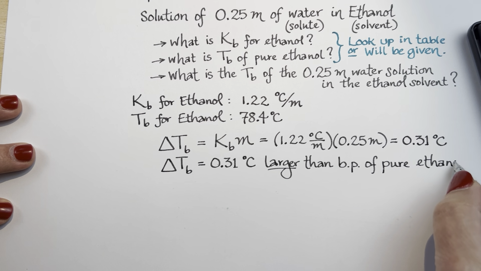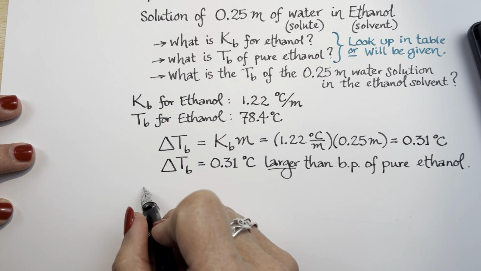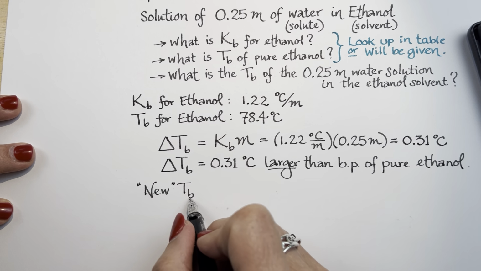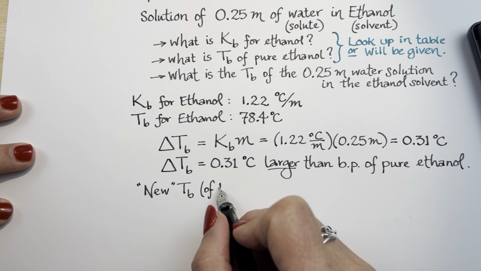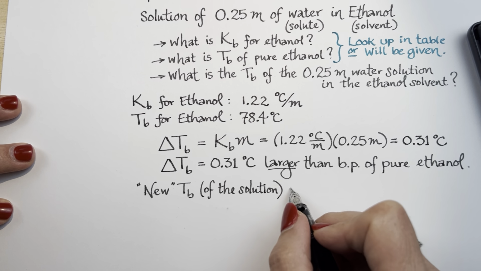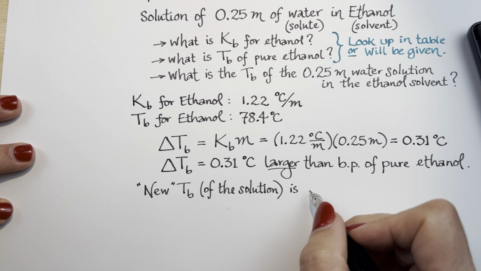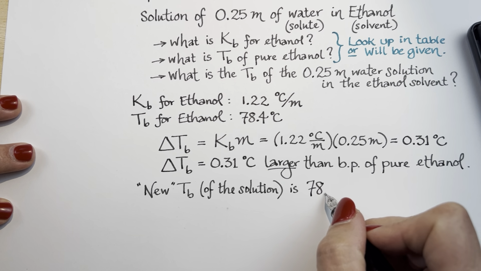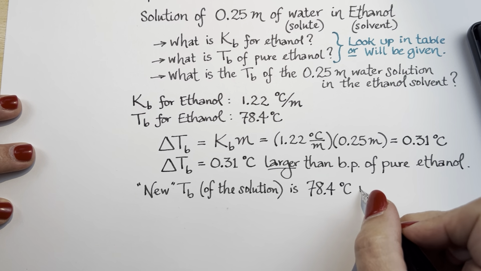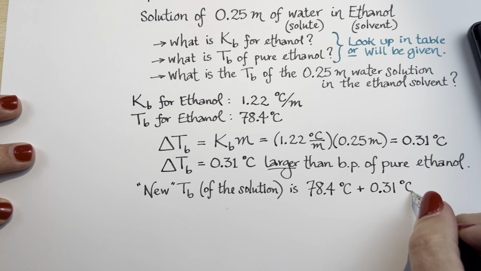All right, so that means that the new boiling point of the solution is our normal boiling point, 78.4 degrees Celsius, plus 0.31 degrees Celsius.